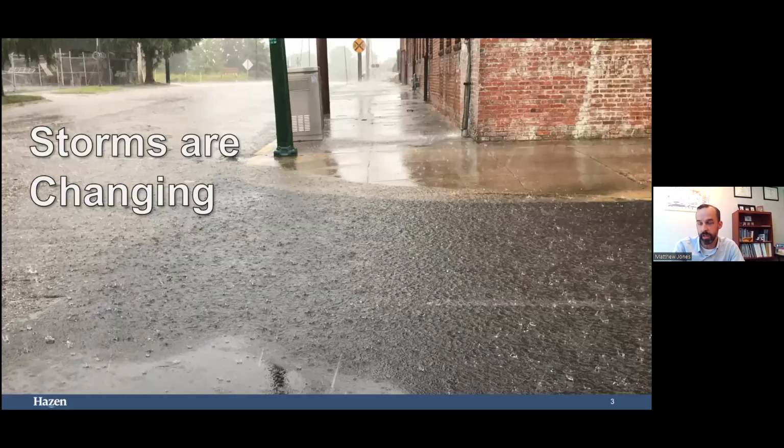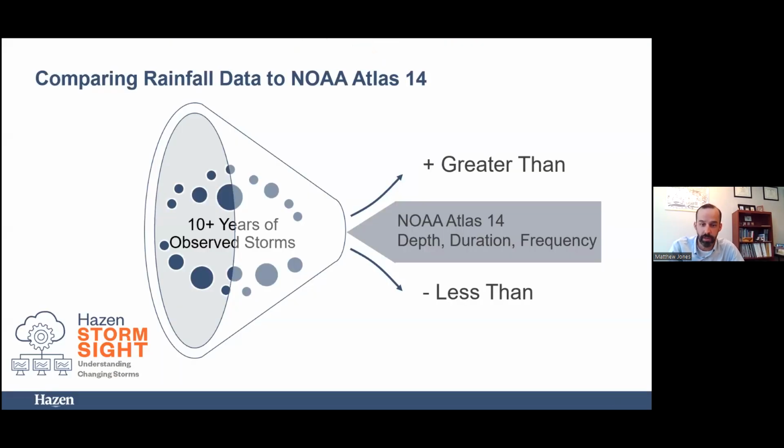While we're seeing a lot of green infrastructure implementation for a variety of reasons, we also understand that storms are changing, and changing in a variety of ways: frequency of storms, intensities, durations, depths. All of those characteristics are things that we are seeing some changes in, with a lot of variability.